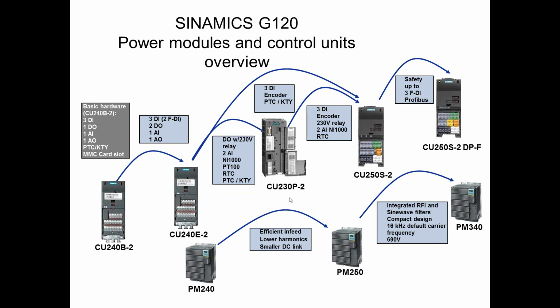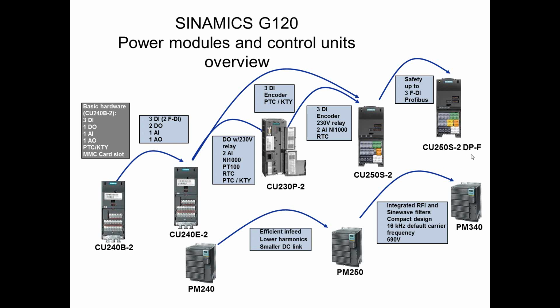If we go up to the CU230P, that's used for pumps and HVAC type applications. It has some particular software advantages in that area. And then the new latest and greatest is the CU250S-2 units, and DP for Profibus.